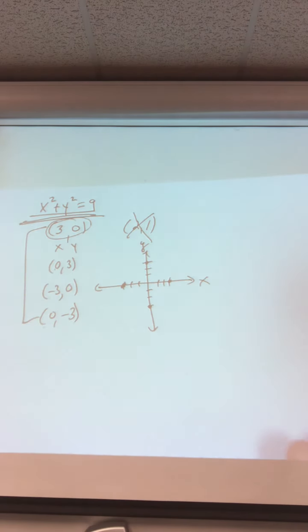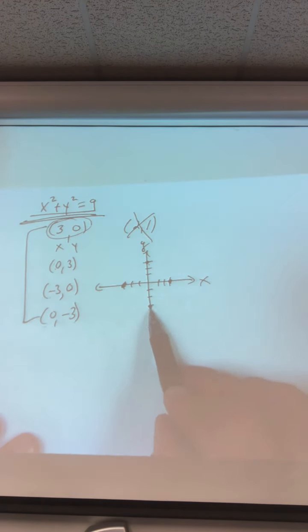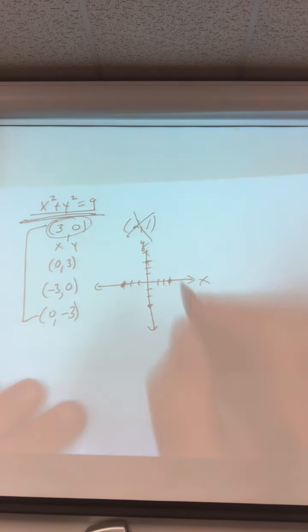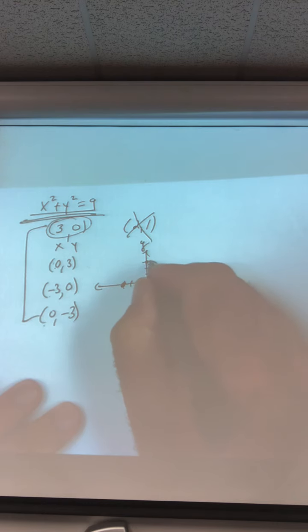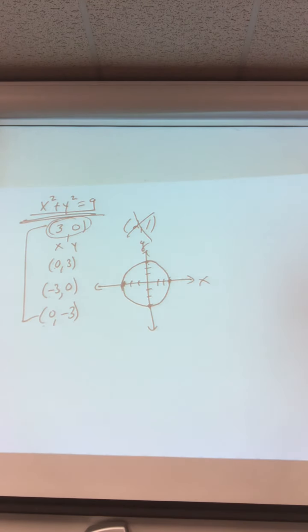So, look at where those 4 points are in relation to each other. This one, this one, this one, and this one. Now, if I connect those points, it appears that the graph is a circle that goes through those 4 points.